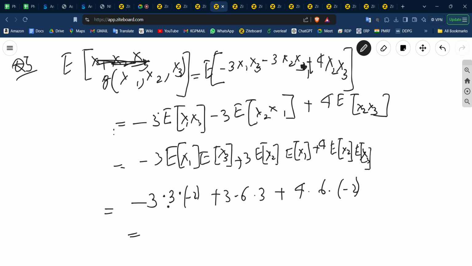So negative, negative, positive, 3, 3, 6, 6 2s are 12. 18, 18, 3, 54. Minus 24, 48. So 6 plus 12, this is 18. So the required value is 18.